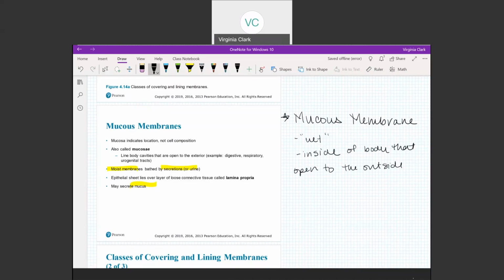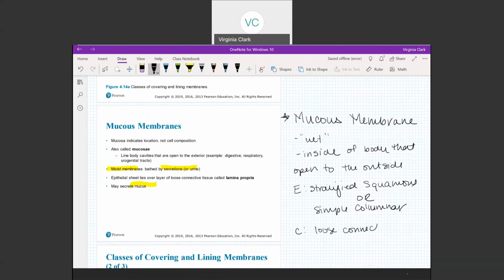So the epithelial tissue in our mucosa membranes is going to be stratified squamous. Sometimes it might be simple columnar. So that's the type of epithelial tissue that makes up a mucosa membrane. But then the connective tissue will be a lamina propria, which is a loose connective tissue.